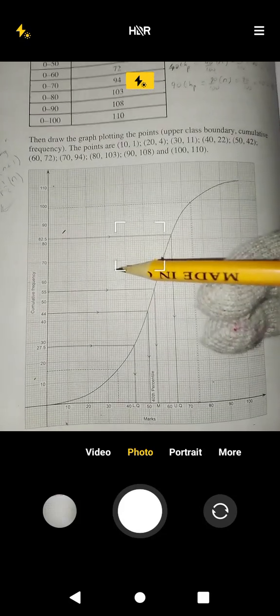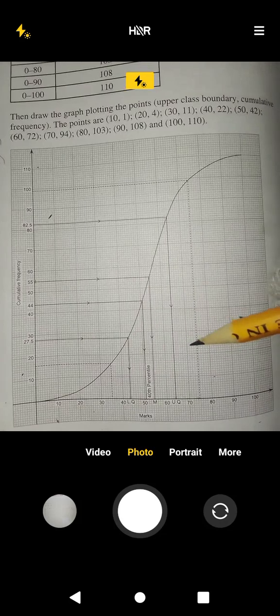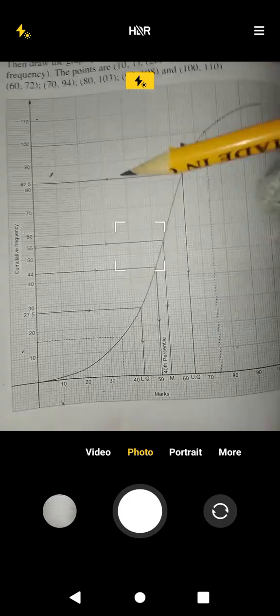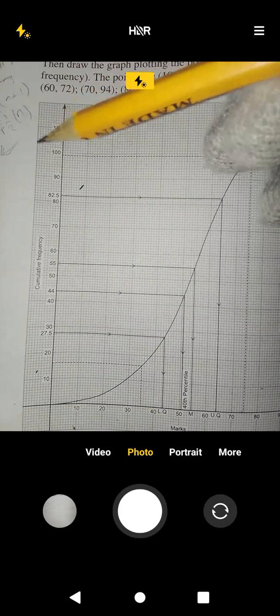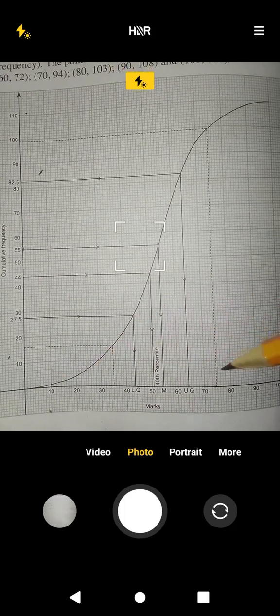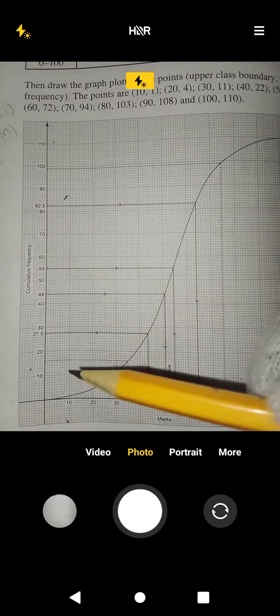Like I've said, a graph book is a very accurate way of presenting this data. So this is my graph book. Remember, on the vertical axis we plot the cumulative frequency, and on the horizontal axis we plot the marks.